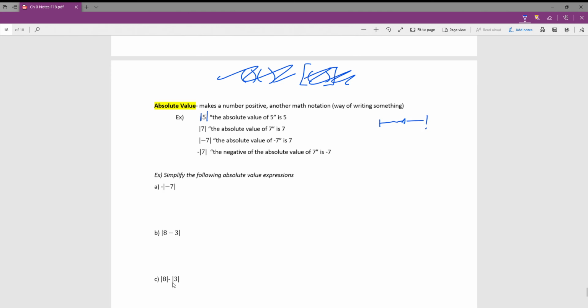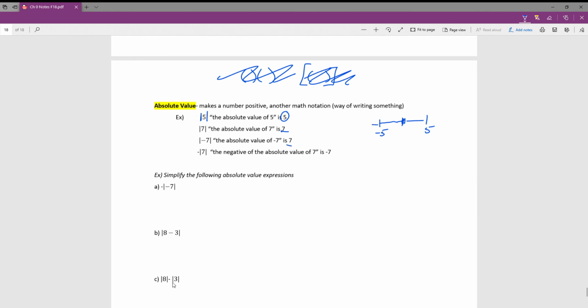We were dealing with 5 and the opposite value of -5. The absolute value of either of these numbers is their distance from the 0. So the absolute value of 5 is 5. It makes everything positive. The absolute value of 7 is 7. It was positive, it stays positive. The absolute value of -7 is 7.